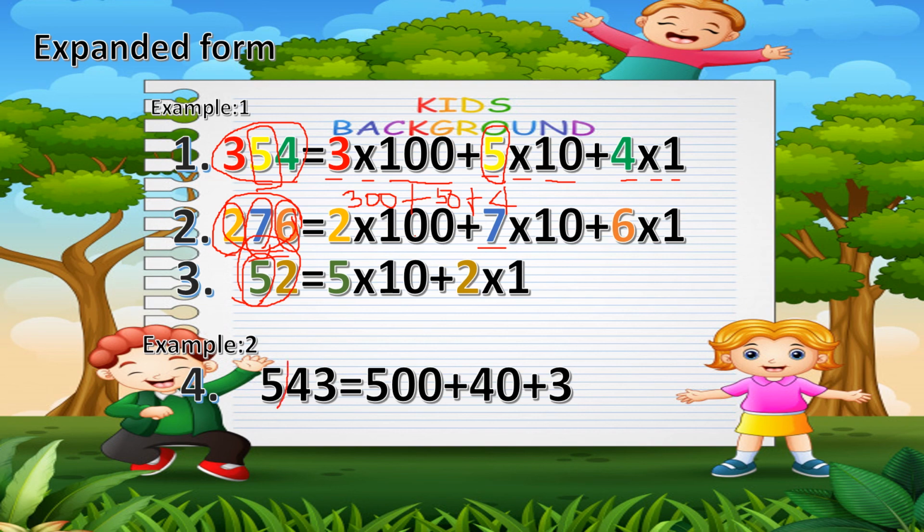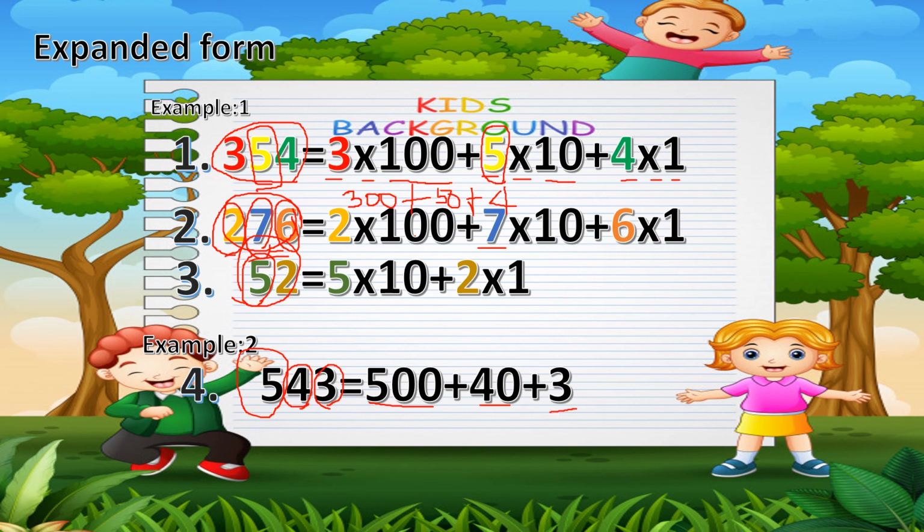5, because 500, because it was in the hundreds place. 4 is a 40 because it was in the tens place, and 3 was in the ones place.